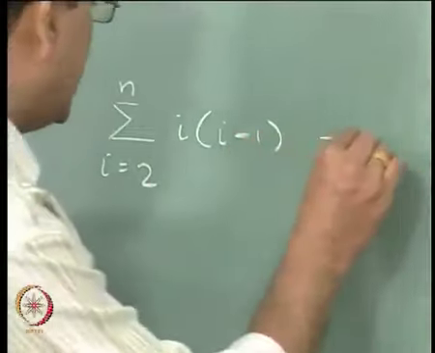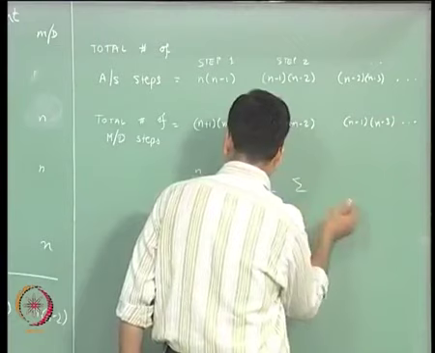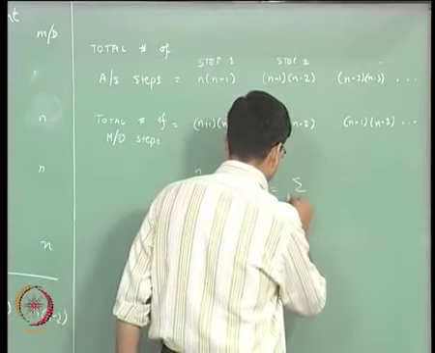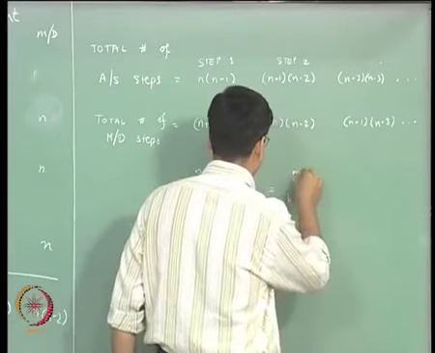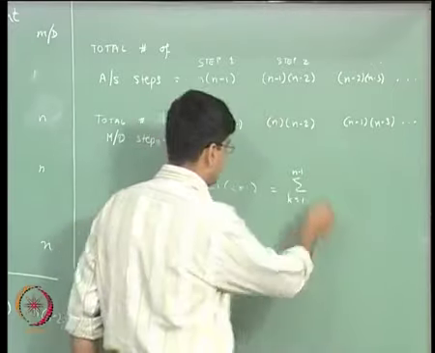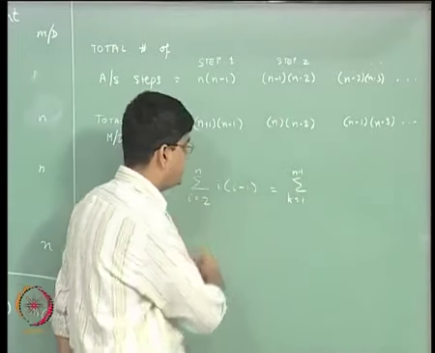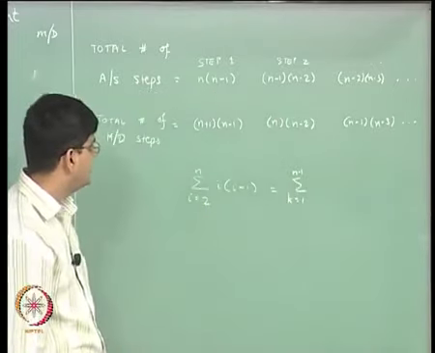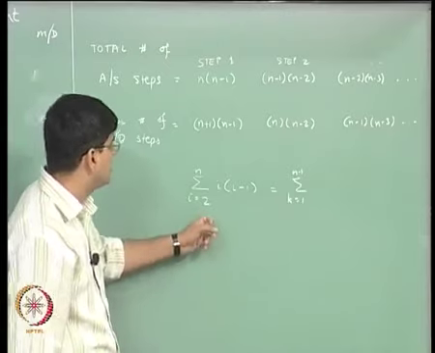We can write this as a summation, say k equal to 1 to n minus 1, where k is just I minus 1.